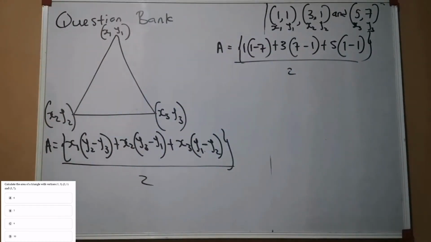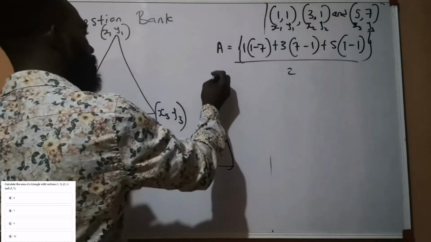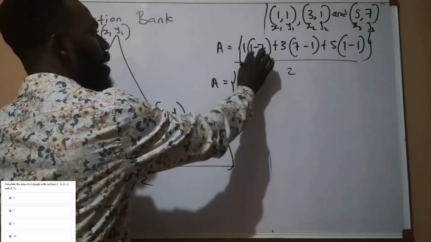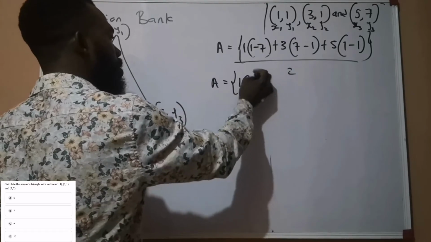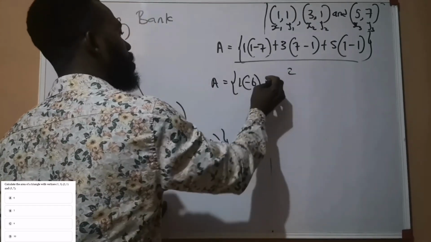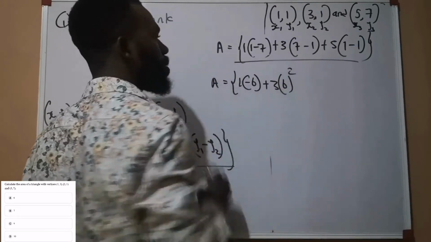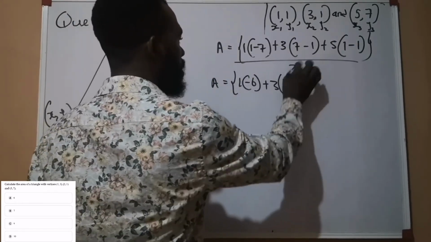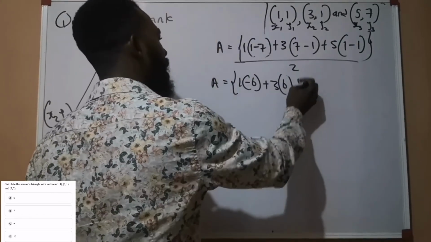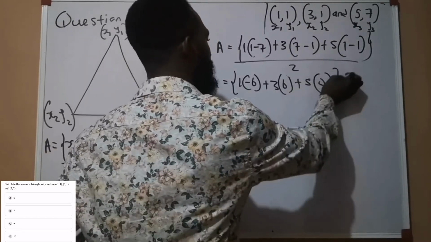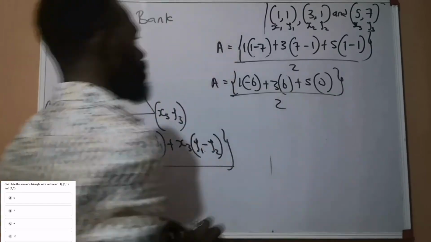Simple. So the area becomes 1 into bracket 1 minus 7 is minus 6, plus 3 into the bracket of 7 minus 1 is 6, plus 5 into the bracket of 1 minus 1 is 0, all over 2.